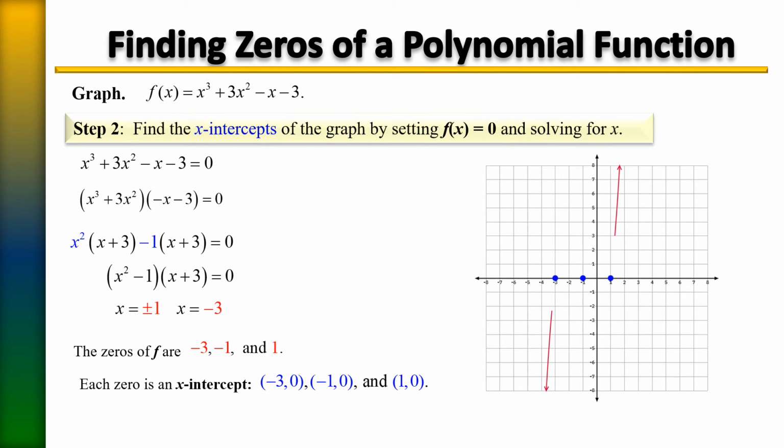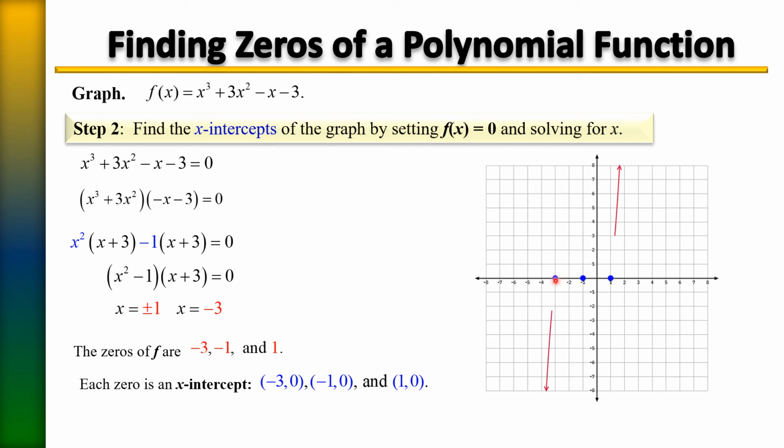And so far, this is what we have of what a sketch of our graph is going to look like. And again, recall it's going to fall on the left and rise up on the right. We knew that from the leading coefficient and the degree of the polynomial.